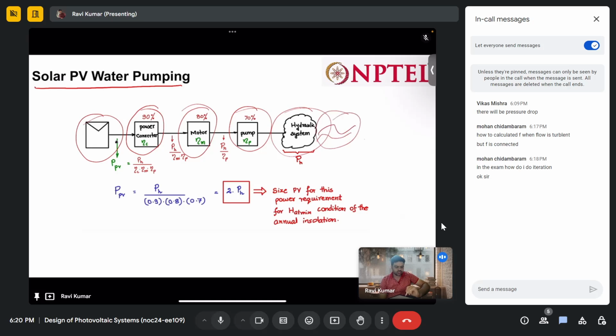If the total power is PH, we will consider the efficiency of the pump, the motor, and the converter, and then calculate the overall power requirement from the solar PV system, because in every step there is some loss. This is all about the integration of solar PV with the water pumping system.